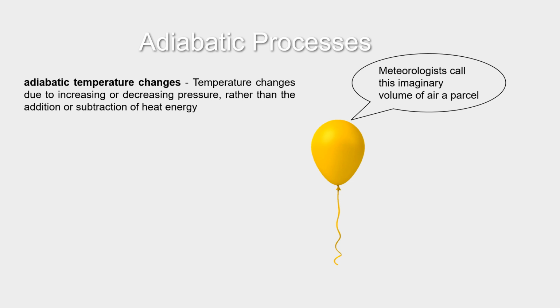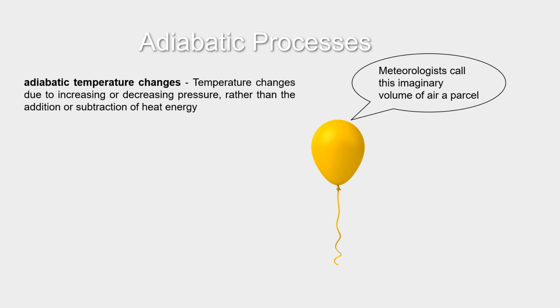So let's call this a parcel of air, and we assume that it acts independently of the surrounding air. And it is also assumed that there is no heat transferred into or removed rather outside of the parcel, because we are talking about the adiabatic process.